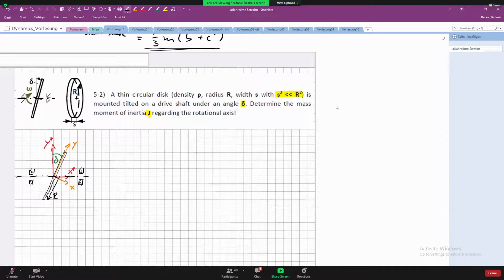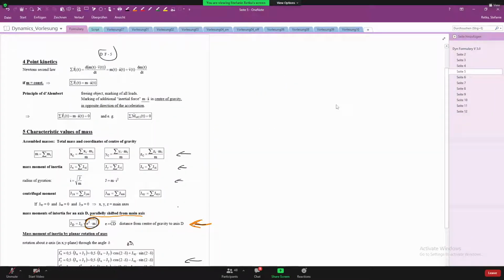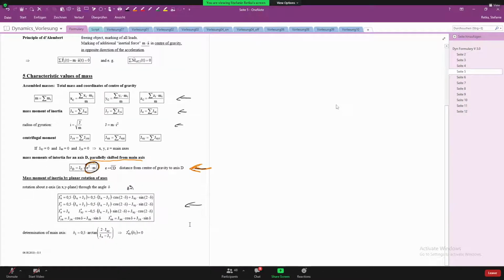Now, first of all, we have to figure out which are the mass moments of inertia of the main axis of the system. And let's have a look at the formulary. On the bottom here, you can see the equations for the mass moment of inertia when the axes are rotated.